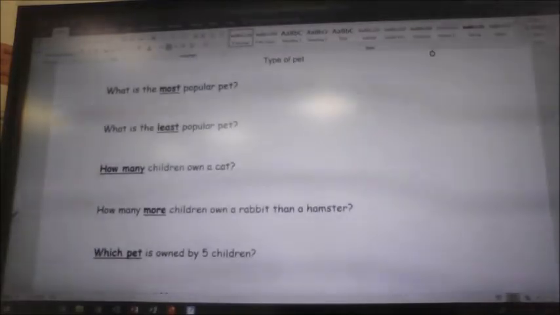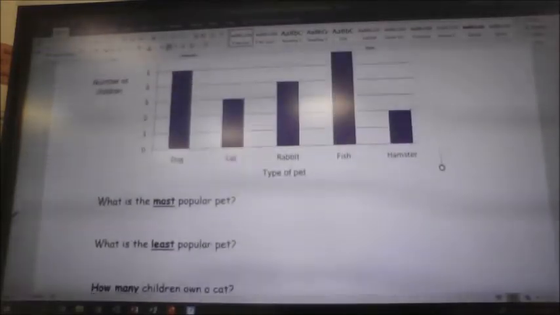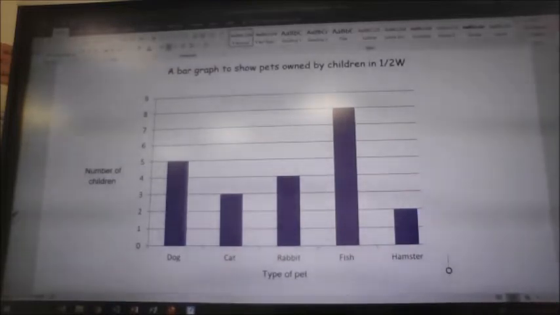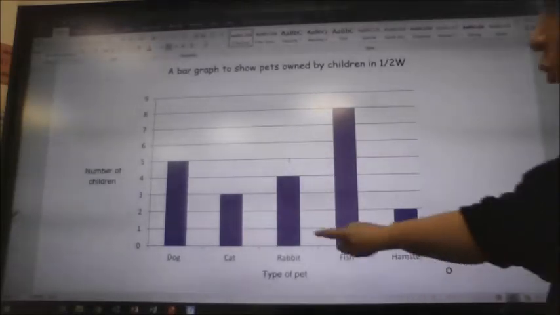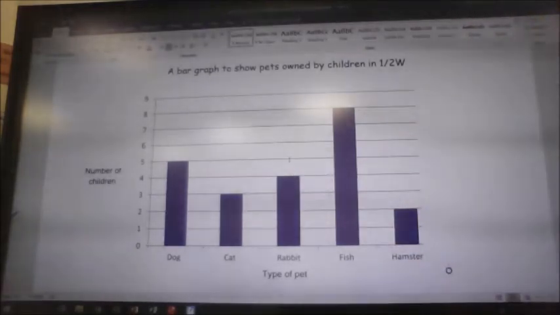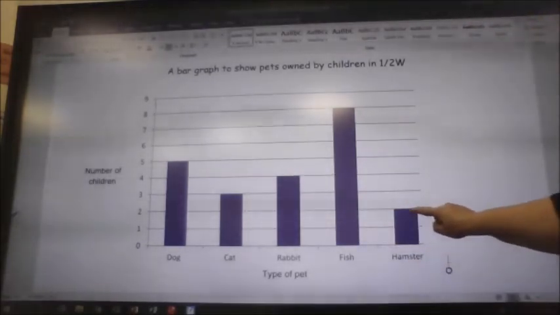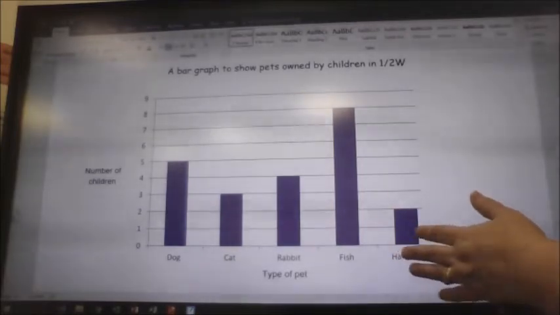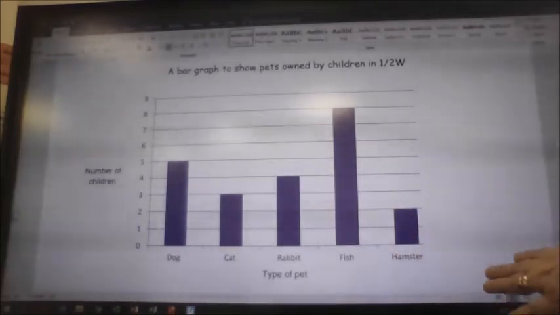So then, how many more children own a rabbit than a hamster? Because you've got similar questions to this. Okay, so there's a rabbit. 1, 2, 3, 4. Can you see the line here? 1, 2, 3, 4. And a hamster, 1, 2. So to work that out, I'm wanting to find out the difference between the two.